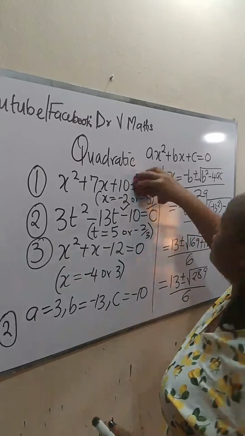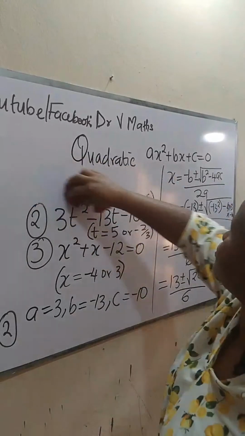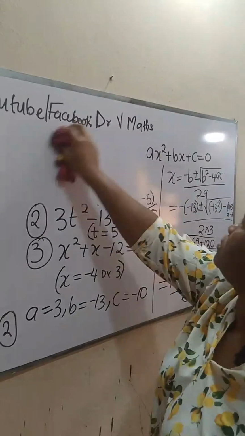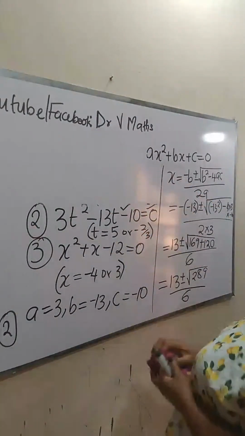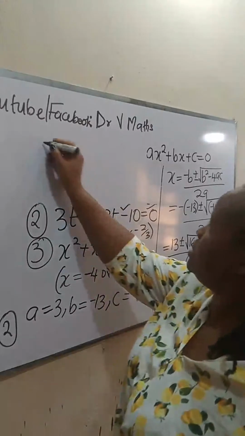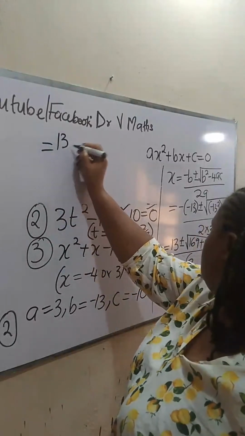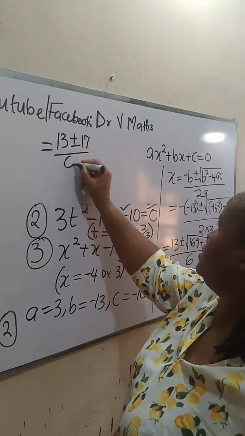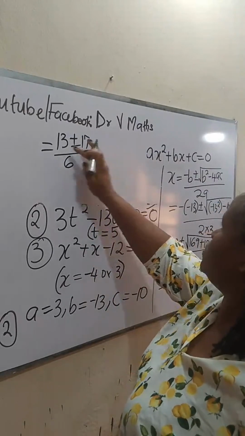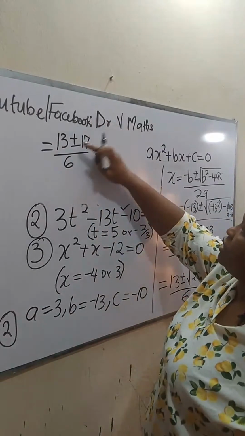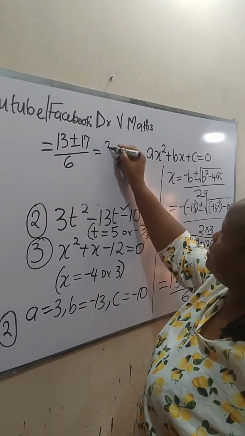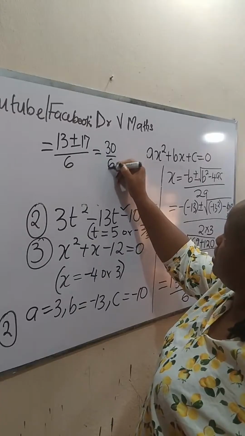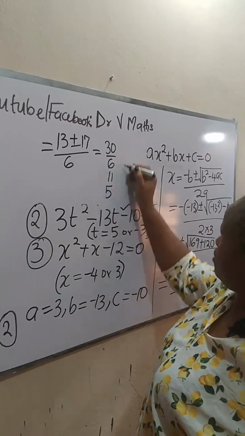Okay. So we have seen how this one is true. The square root of 289 is 17. So this is equal to 13 plus or minus 17 all over 6. Okay, if we work with the positive, 13 plus 17 is 30 over 6, and the answer is 5.